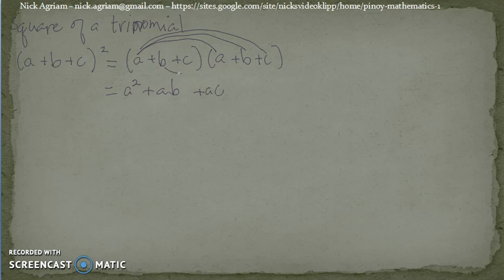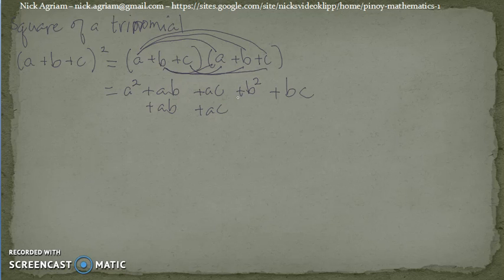You do the same with the second term multiplied with the first term, ab, second term and second term, b squared, second term and the third term, bc, and then the third term of the first parenthesis, we have ac.